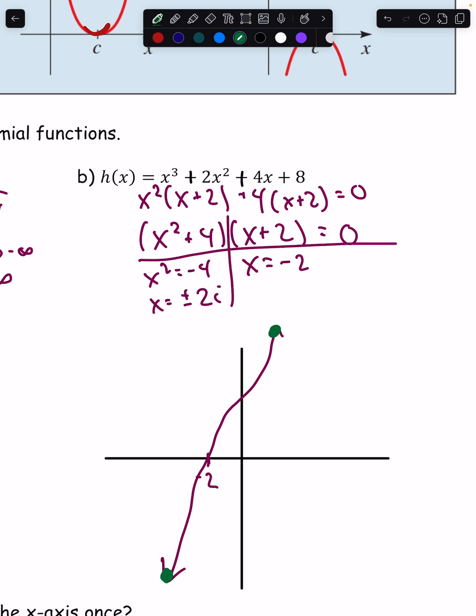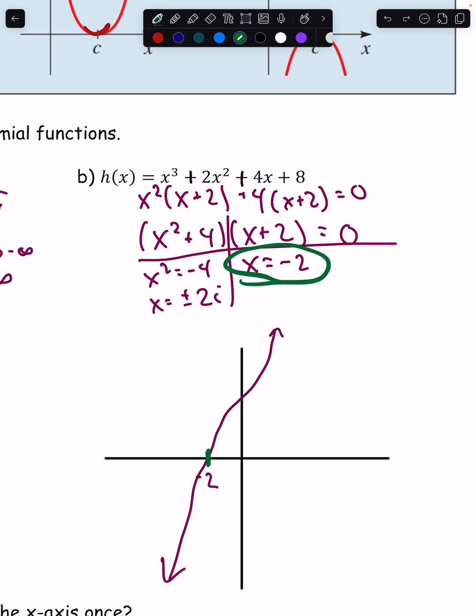And then the weird thing about B is it only has one real zero, one real x-intercept. So that's why we have it only crossing at -2 once. And if you graph this in your calculator, which I highly recommend doing, you're going to see there's this little bumper curve right there. And that's telling you there is an imaginary solution.